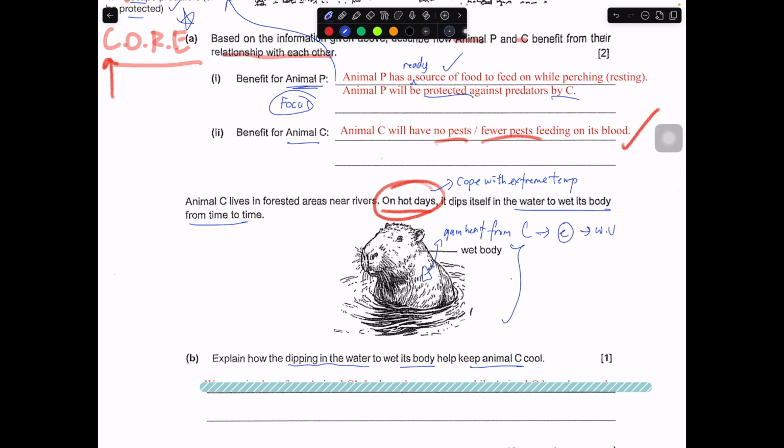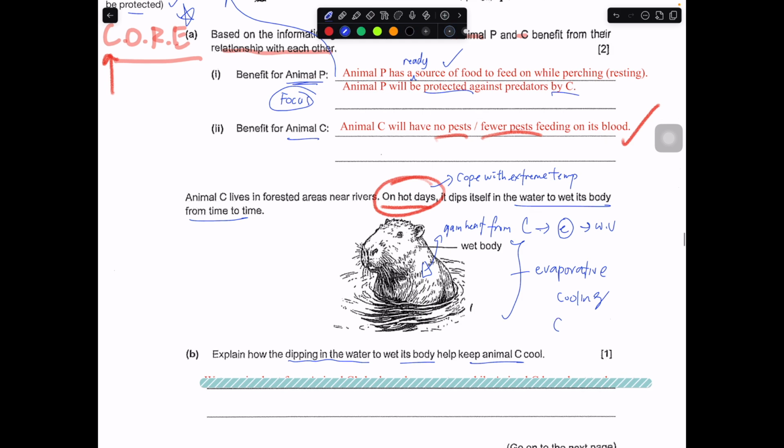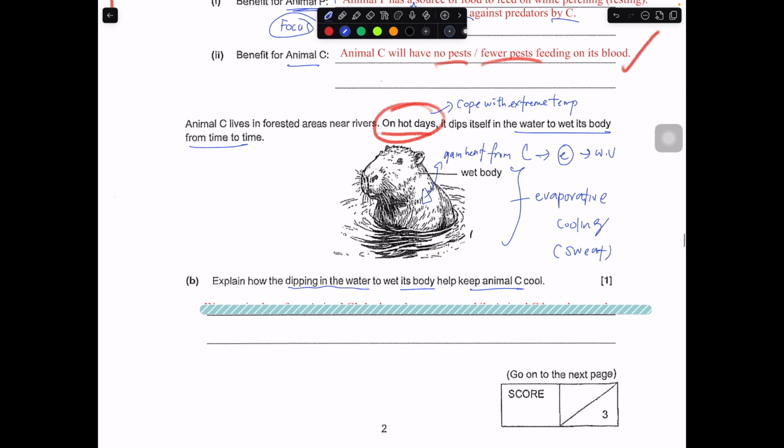This idea comes from evaporative cooling. It works exactly like how the sweat on your body works. Whenever you have sweat on your body and the sweat evaporates away, it will draw the heat away, and in this way your body temperature will start to go down. It helps to cool down your body. So this is how you can answer this.